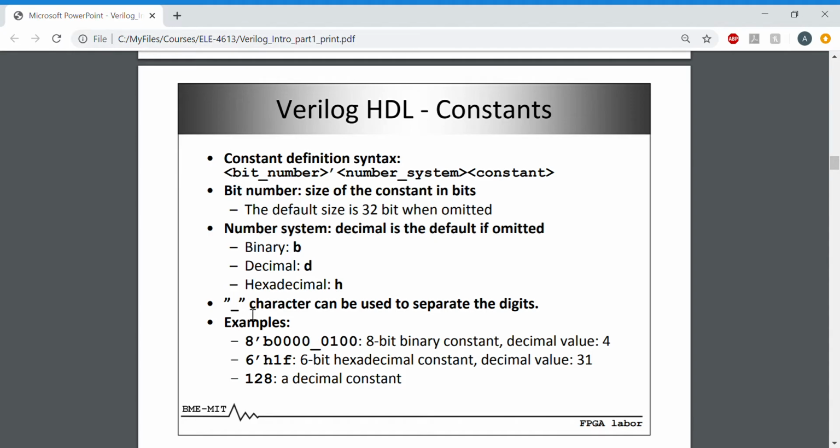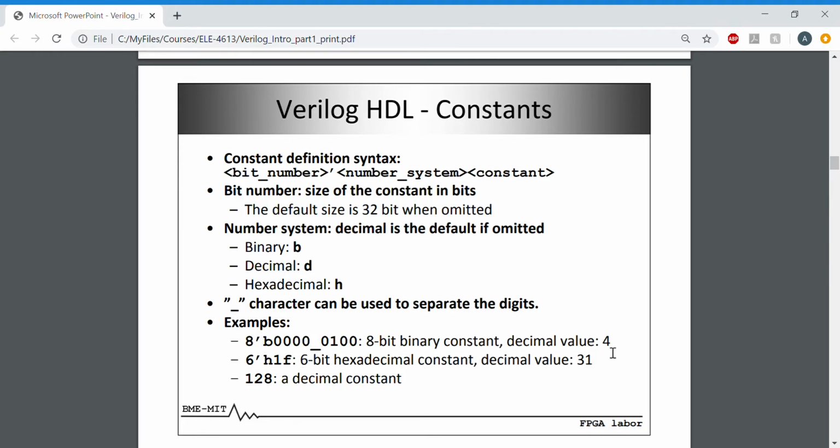You can use the underscore character to separate the digits, just for clarity, easier for us to read. For example, on 8 bits, you have 4 bits first, then underscore, then 4 bits. If you don't use the underscore, you think this is a different constant. And if you don't have the 8'b prefix, you will think this is decimal. So underscore is very important.